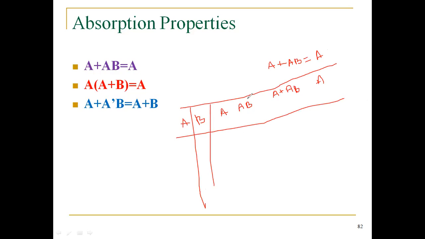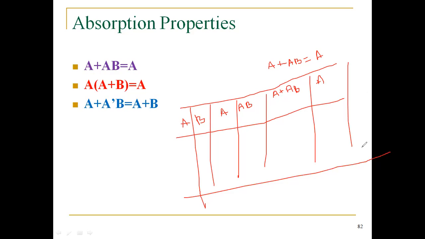Assume A equal to 0, B equal to 0; A equal to 0, B equal to 1; A equal to 1, B equal to 0; A equal to 1, B equal to 1.